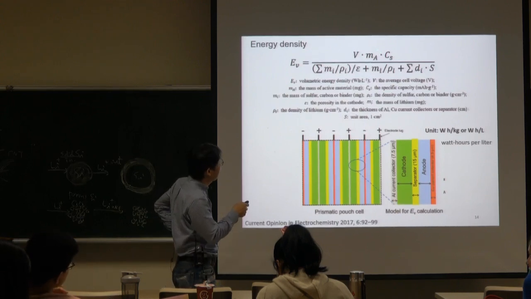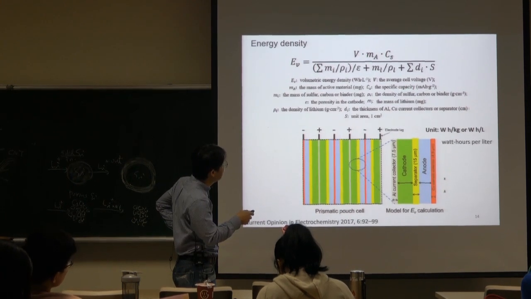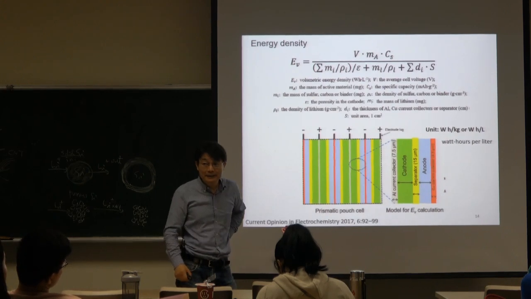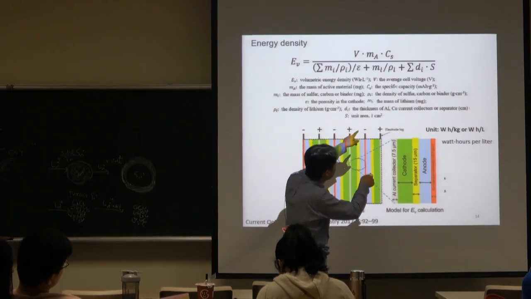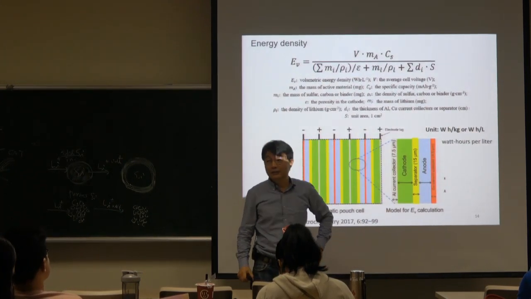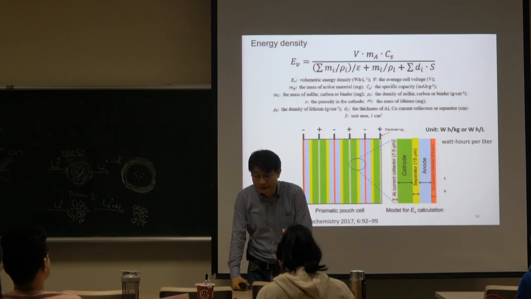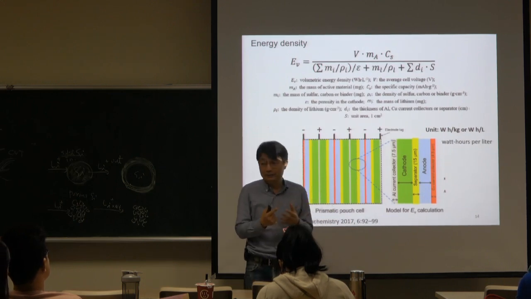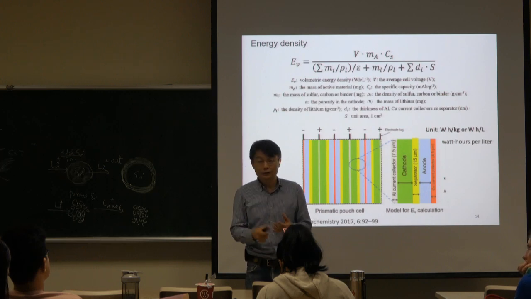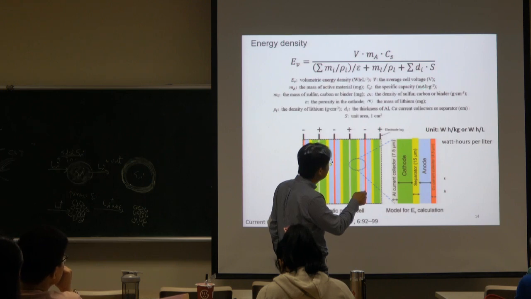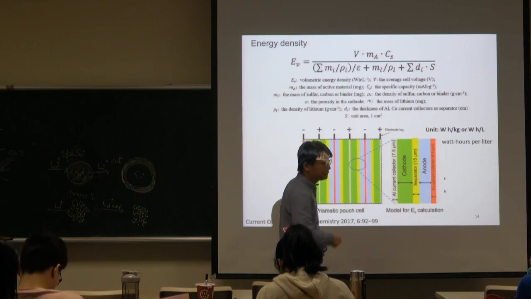So this active materials mass is multiplied by the specific capacity. Specific capacity is similar to the cylindrical capacity. For example, carbon has a capacity of 300, so here CS is 300 milliamp hours per gram.